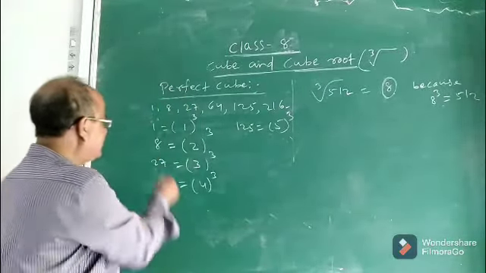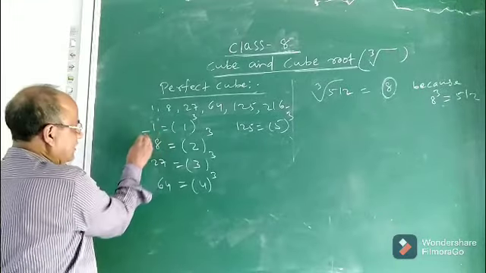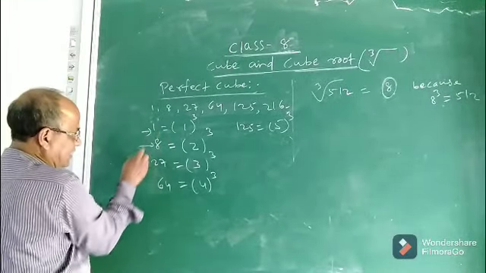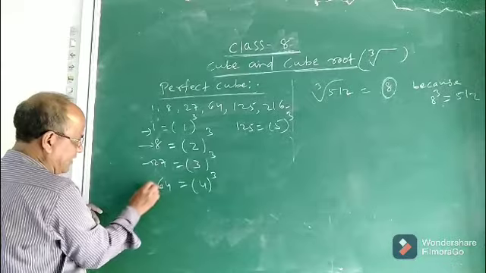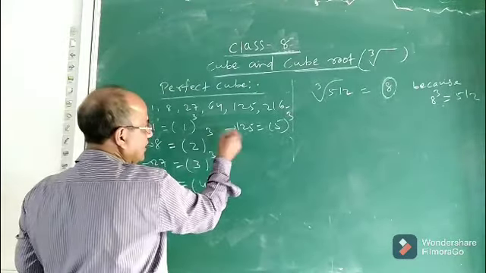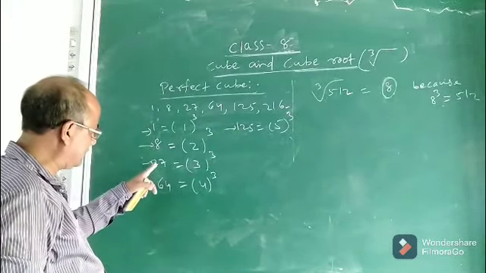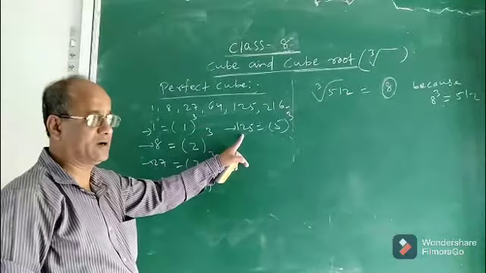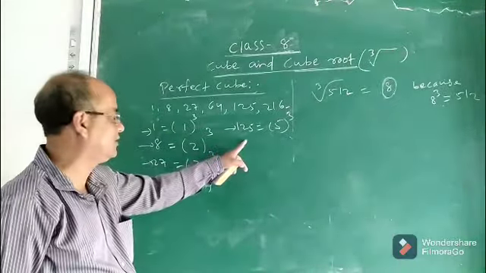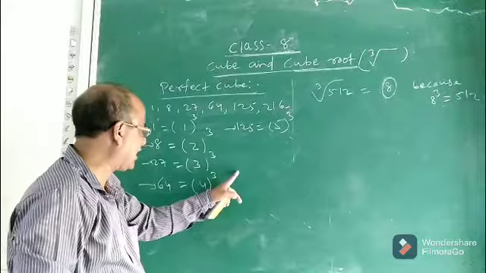So like this, see children, 1, 8, 27, 64 and 125, etc. These numbers you see, what are they?